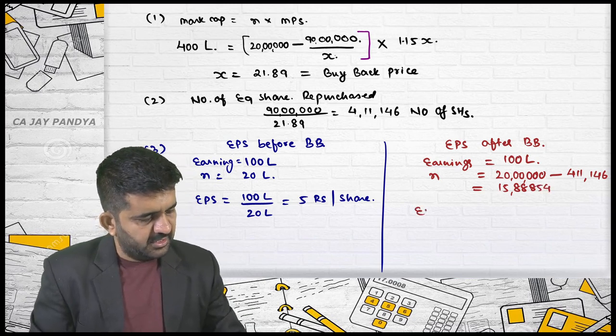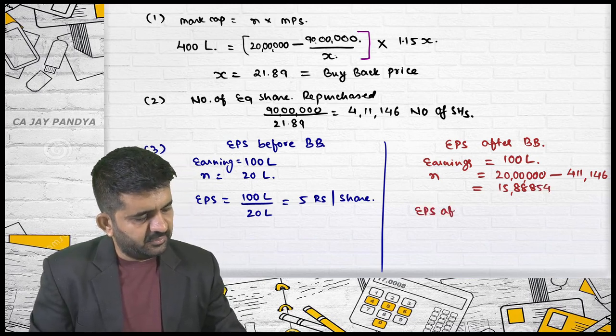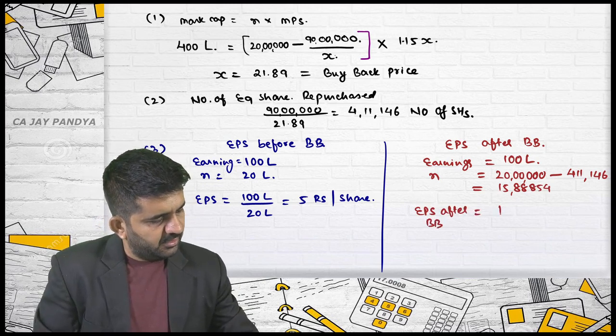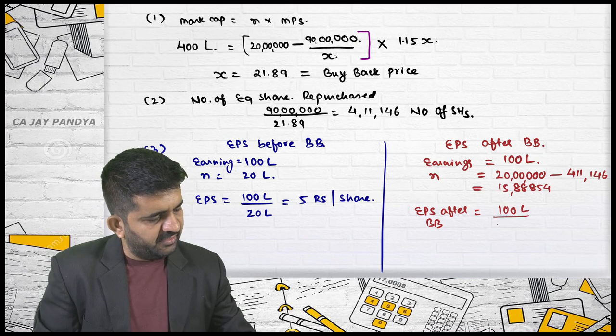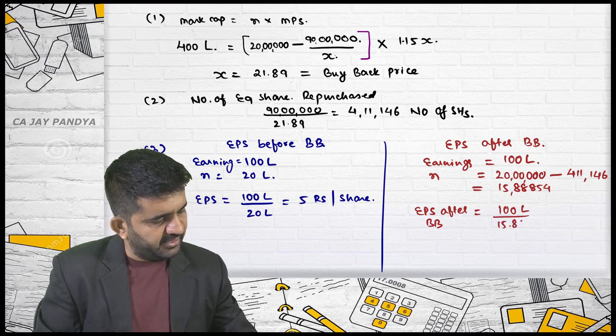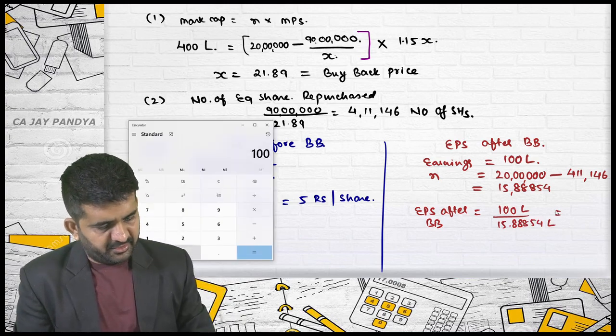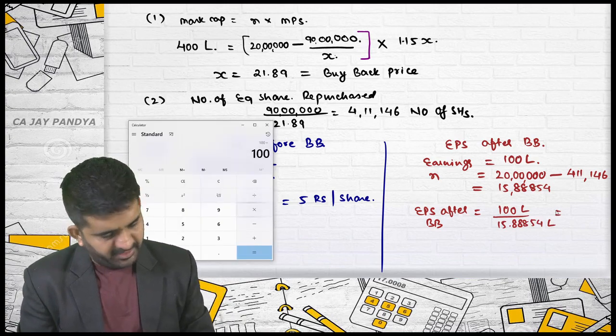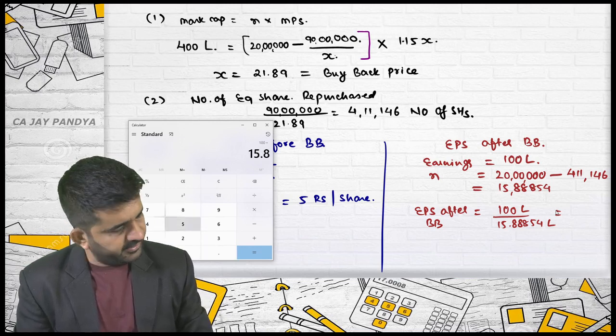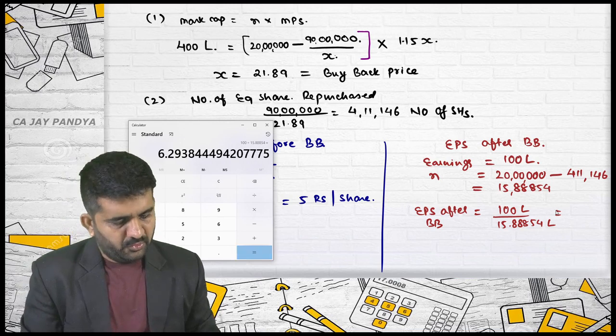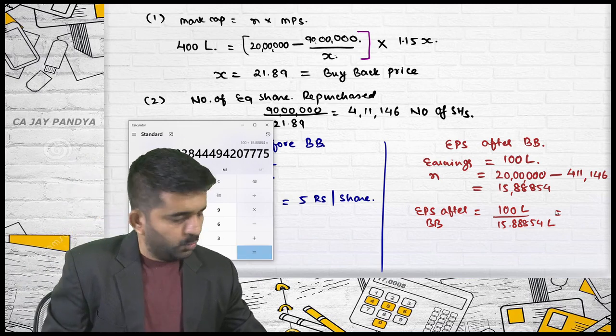The EPS after buyback will be 100 lakhs as earnings divided by 15.88854 lakhs, which is nothing but 6.29.